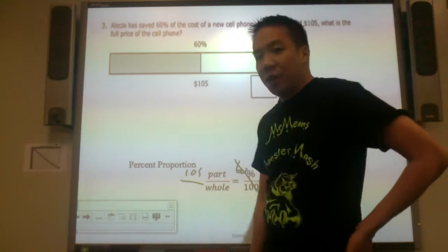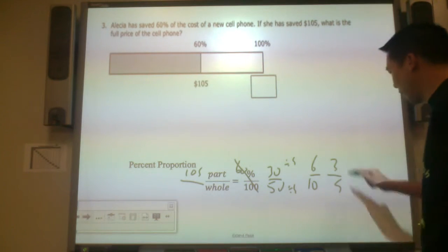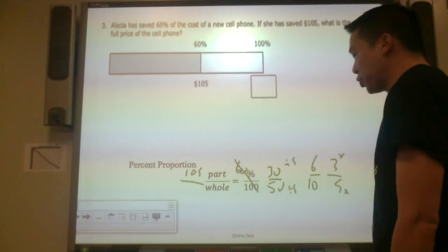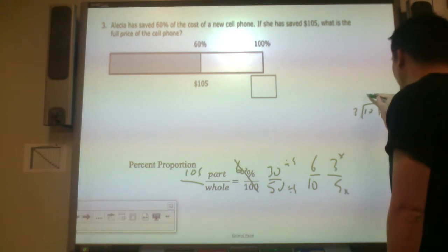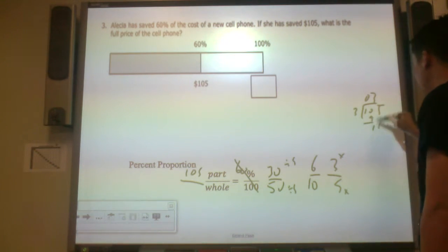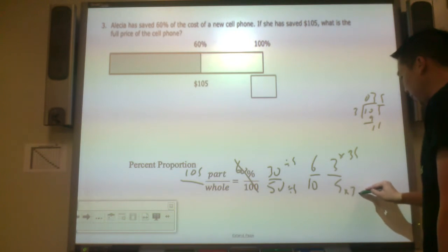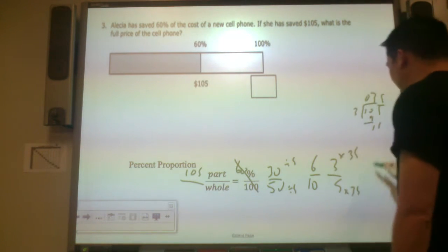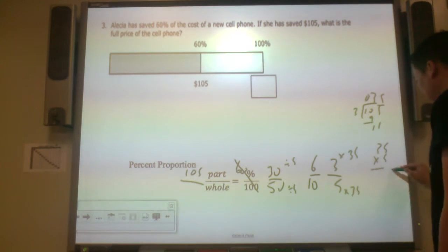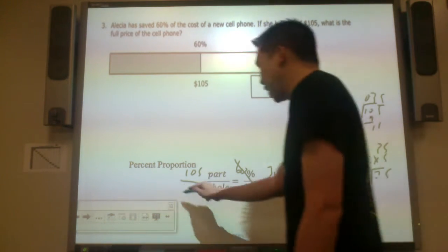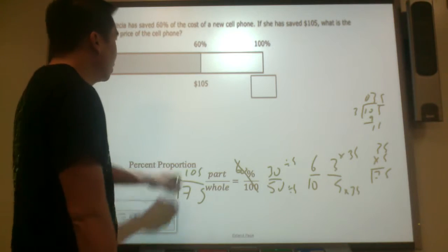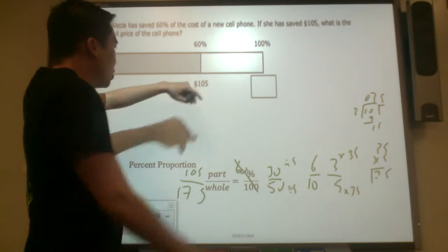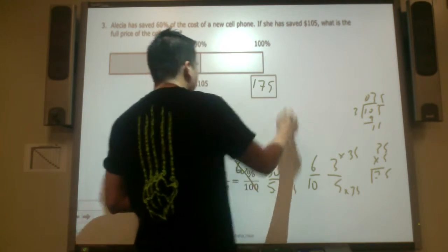Now, can I build it back up to 105? What do I multiply 3 by to get 105? I multiply by 35. So the full price, 5 times 35, is $175. The original price is $175.